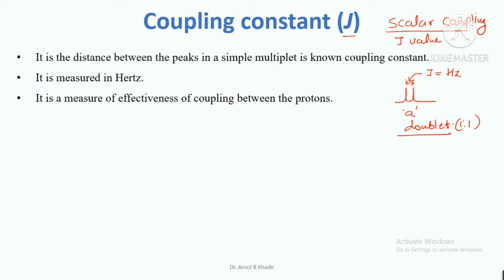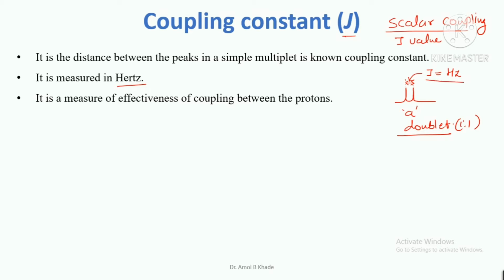In short, it measures the effectiveness of coupling between the protons. When the protons couple with each other, the magnitude in which they couple will be identified by calculating the value of J.